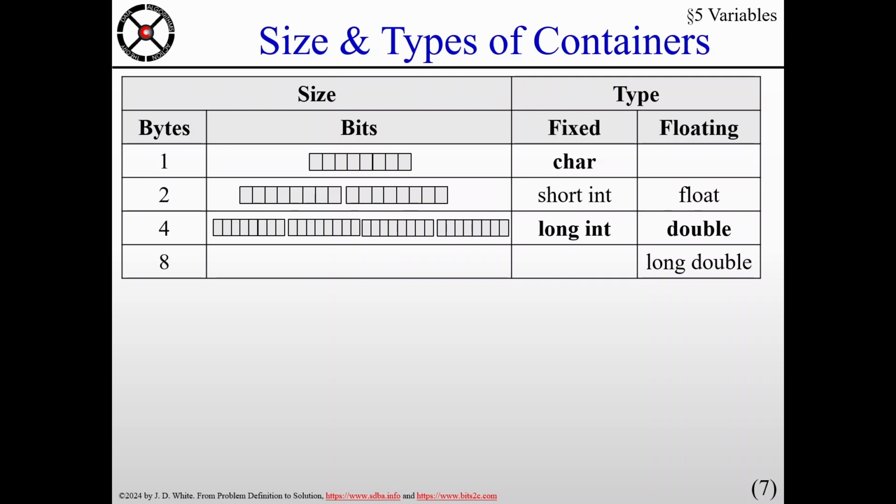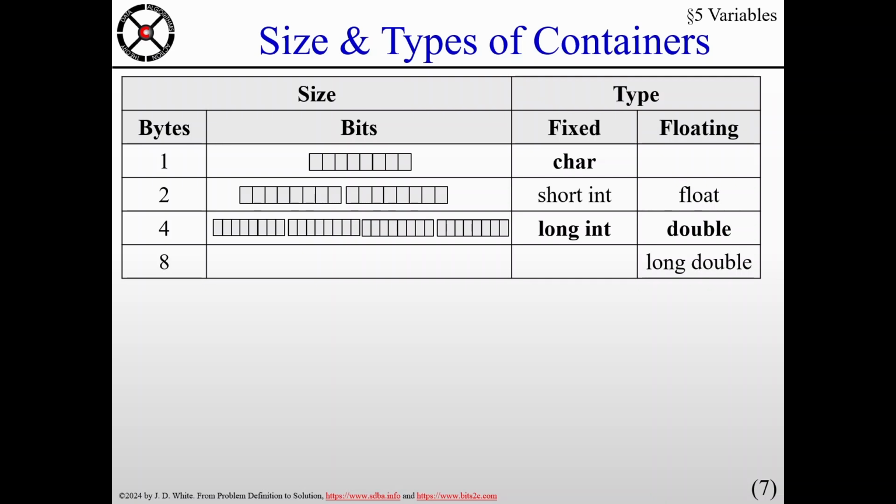Now, within each type of container, we have different sizes. Basically, each type of container has 3 different sizes. Basically small, medium, large. So 1 byte is a small container for fixed point, char, which has 8 bits.